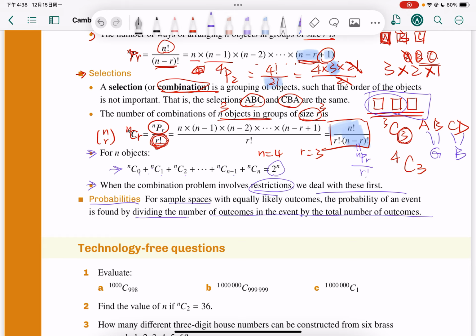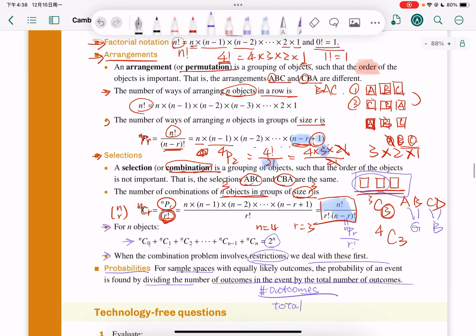So if each of the outcomes is equally likely to appear, the probability of an event is the number of outcomes in the event divided by the total number. That's the proportion, which we call probability.